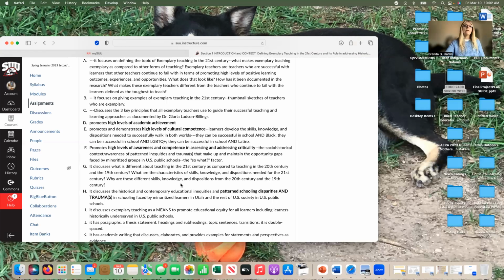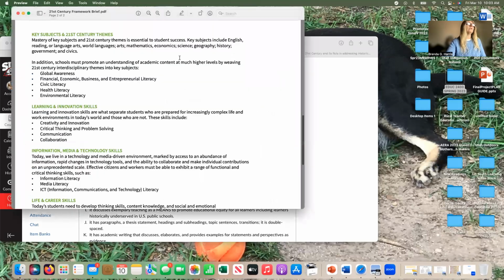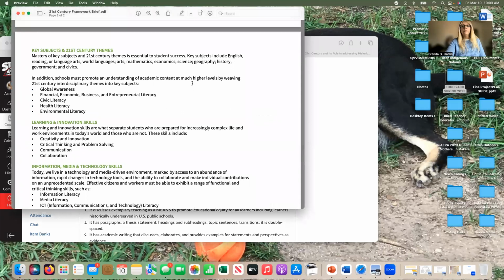And so if we think about what is in the 21st century, then I'm trying to see if I can bring that 21st century thing up. How is the 21st century different from the 20th century and the 19th century? You have to look at that history of public schooling and how it developed over time.